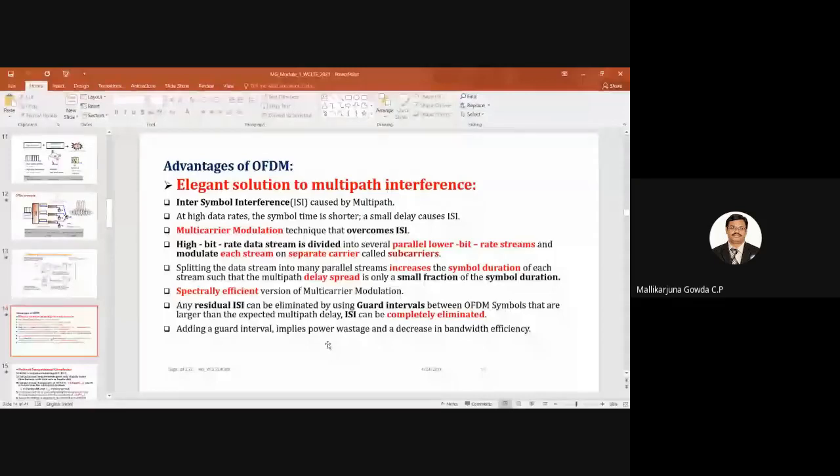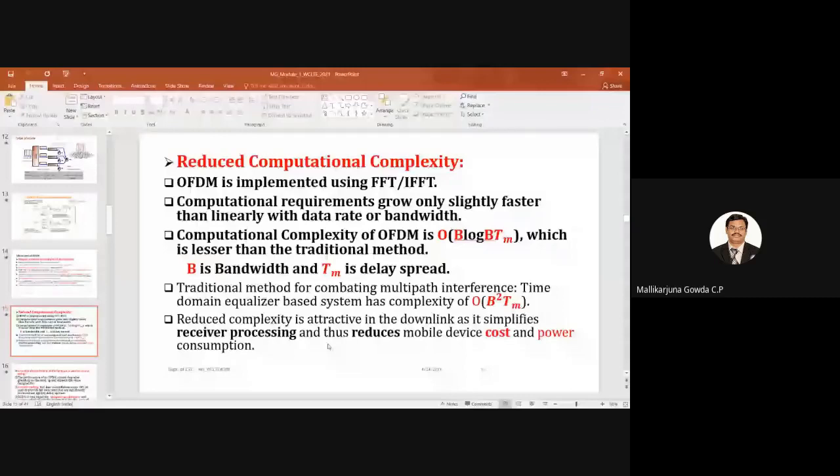And the second advantage is that it reduces the computational complexity, with the use of FFT and IFFT in the transceiver. So what is the reduction in the computational complexity? I also expressed it with equations, right?